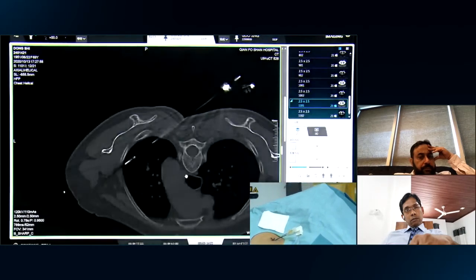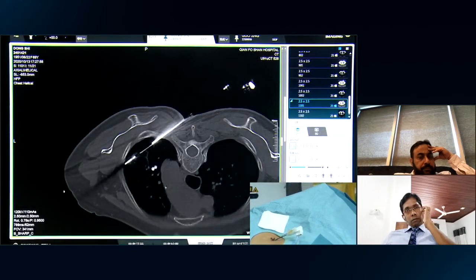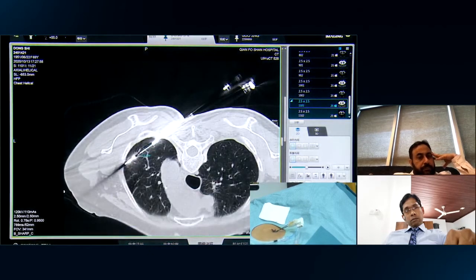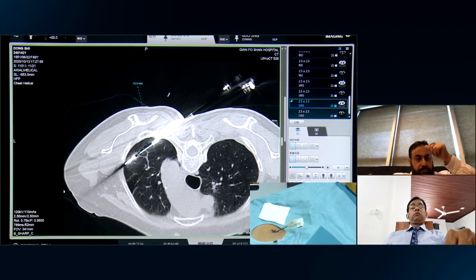Yeah. Okay. So this is the microwave, and this is the biopsy needle. And we need extra. No, pull back. Yes, okay. We need extra 2 centimeter.